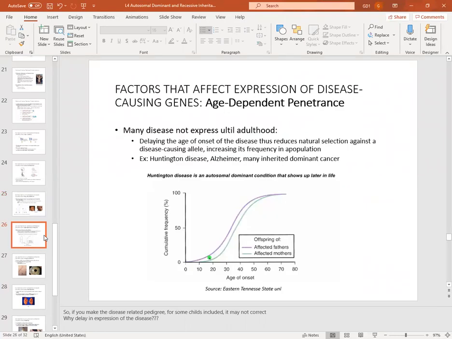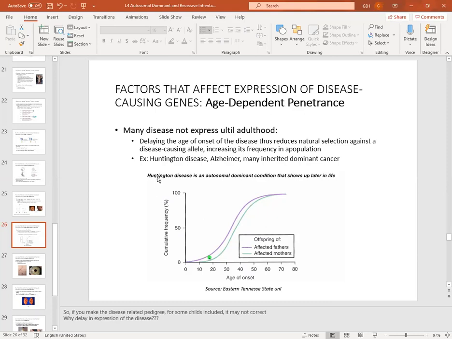Another one is related with age-dependent penetrance. It's kind of simple. With a lot of diseases, in the young stage we don't express the disease, but in older and later periods we express the disease with higher penetrance.